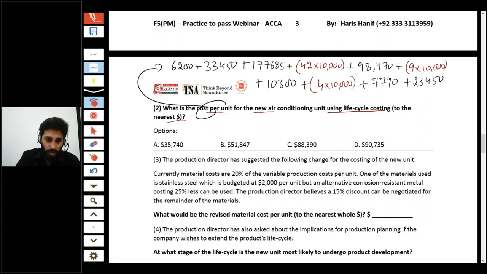So what is the total cost? Please calculate the total cost here. 33,450. I'm calculating it by myself as well. 177,685 plus 42 into 10,000 plus 98,470 plus, I'm solving all the things.